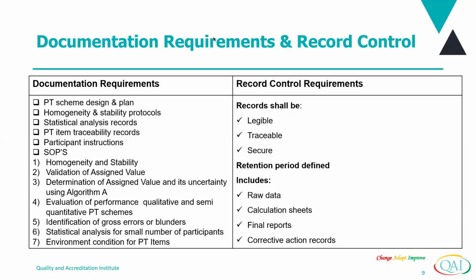It is not limited, but at minimum, the raw data you receive from the participants, the calculation sheets you have, final PT reports, and complaints and corrective actions can be added. But at least you have to keep these minimum things for 2 years.